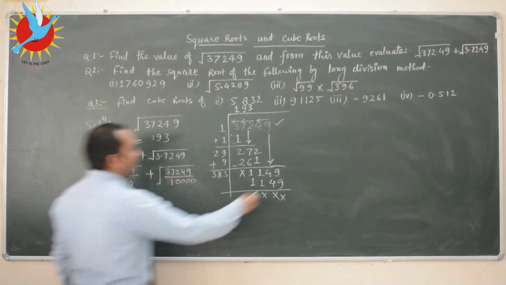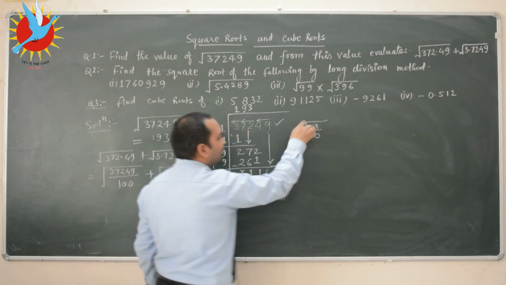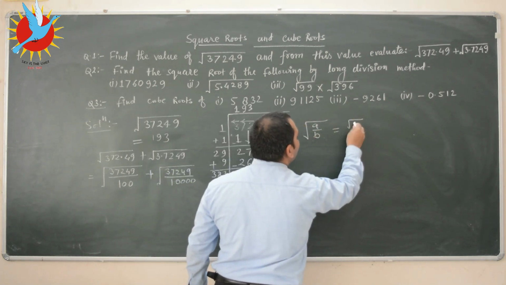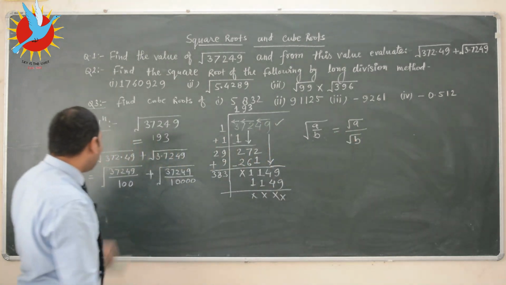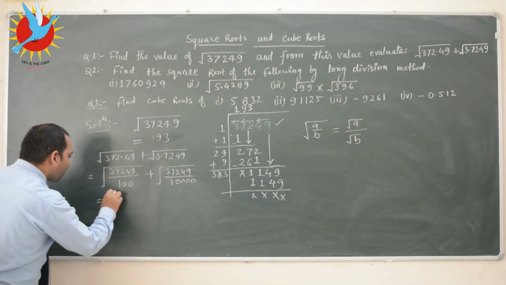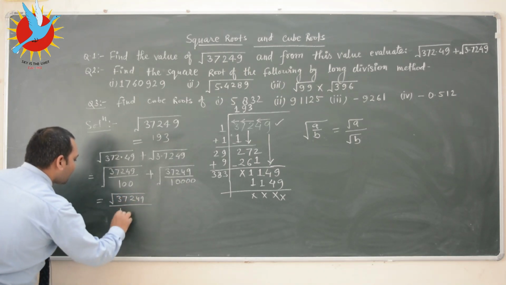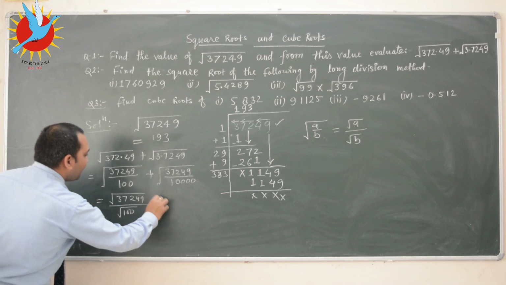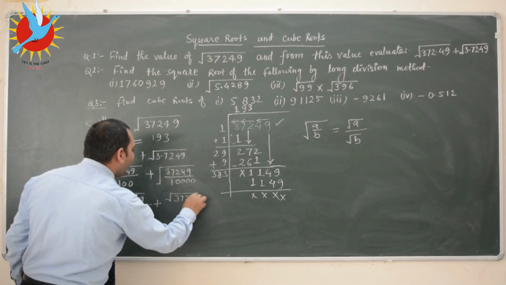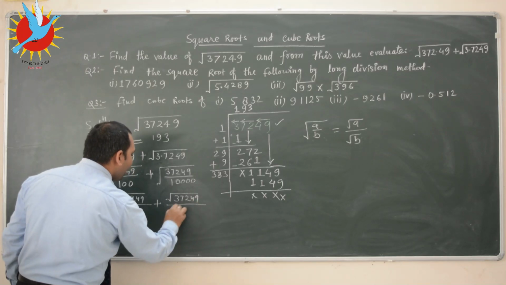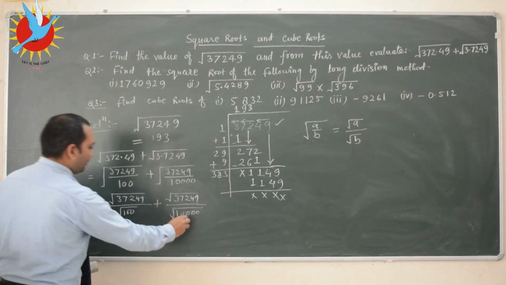We know that the square root of a upon b, if the fraction is in square root, can be found as the square root of a upon the square root of b. Similarly, we solve the square root of 37249 upon the square root of 100 plus the square root of 37249 upon the square root of 10,000.